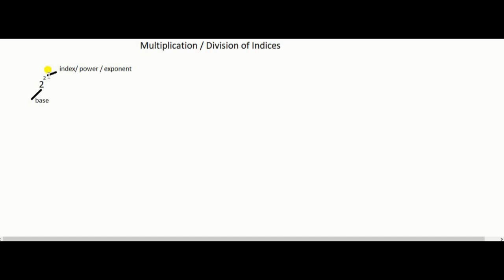But before we start to do any calculation, I want to explain some rules that you must follow in order to master laws of indices. So we know that the small 2 here is the index or power or exponent, while the big 2 here is called the base.